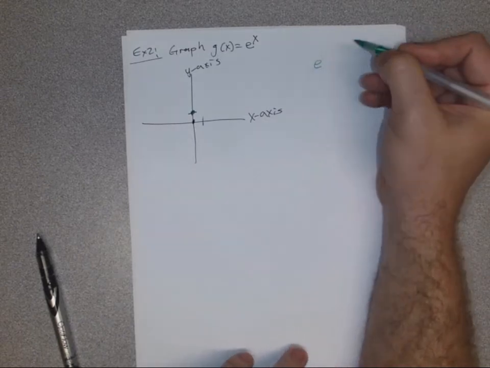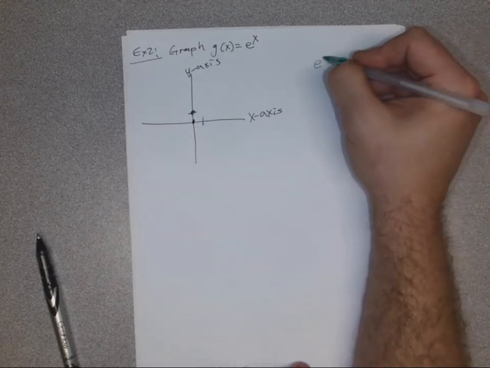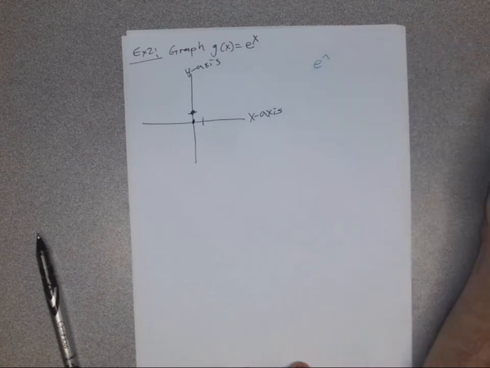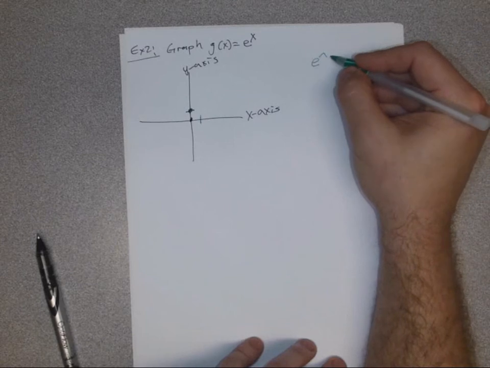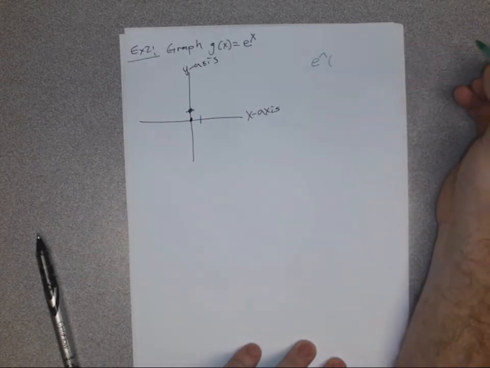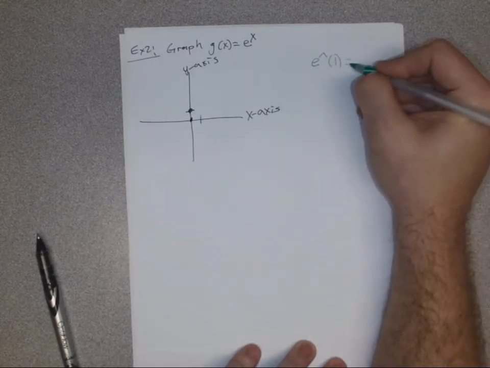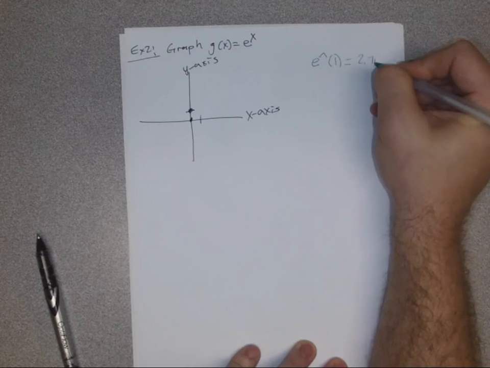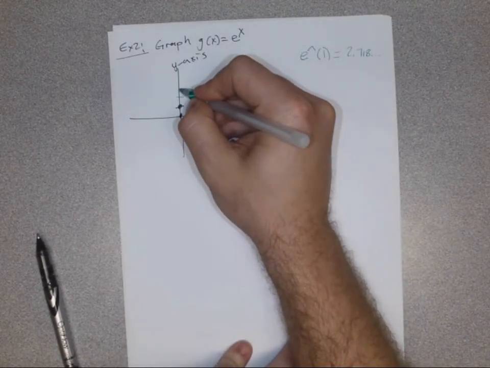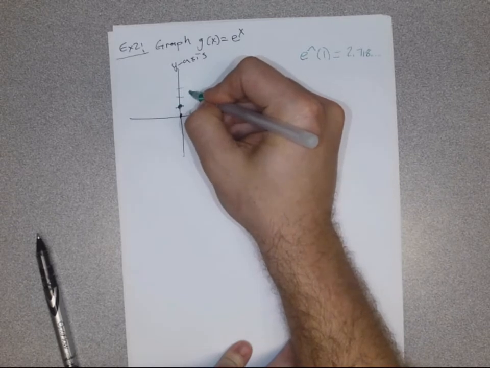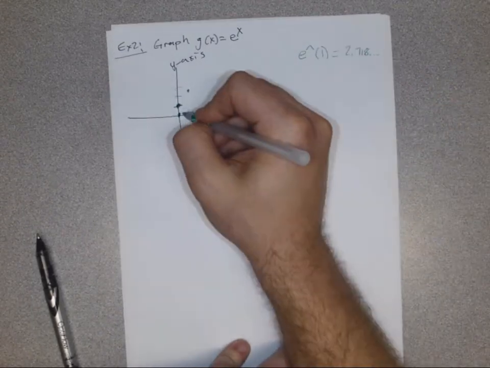Once you find the E button, it's second LN, and then you'll get something that looks like E with a caret, or it may look a little different. And then it will ask you to plug in something, plug in 1, and out will pop 2.71828, and it keeps going. So we get roughly a point there.